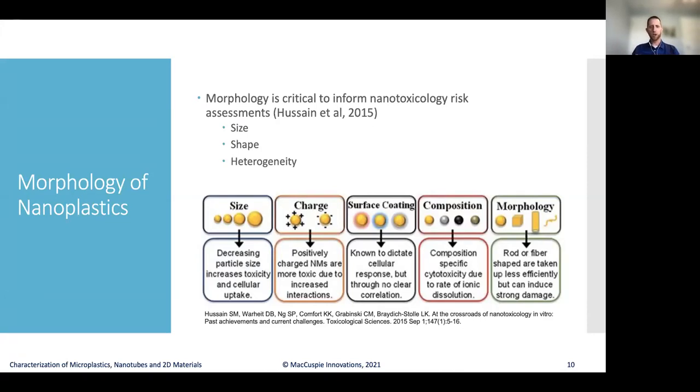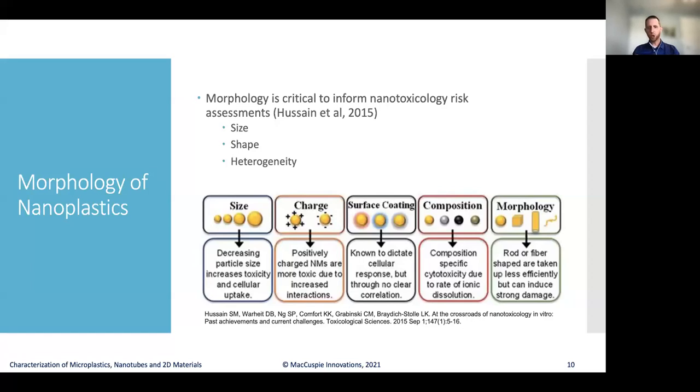Some general trends that have emerged are that smaller particle sizes in general can increase toxicity and cellular uptake. Being smaller and more mobile and easier to penetrate some of these natural biological barriers can increase their ability to be taken up by the cells. The reactivity also can change as a function of the increased surface area in some cases.